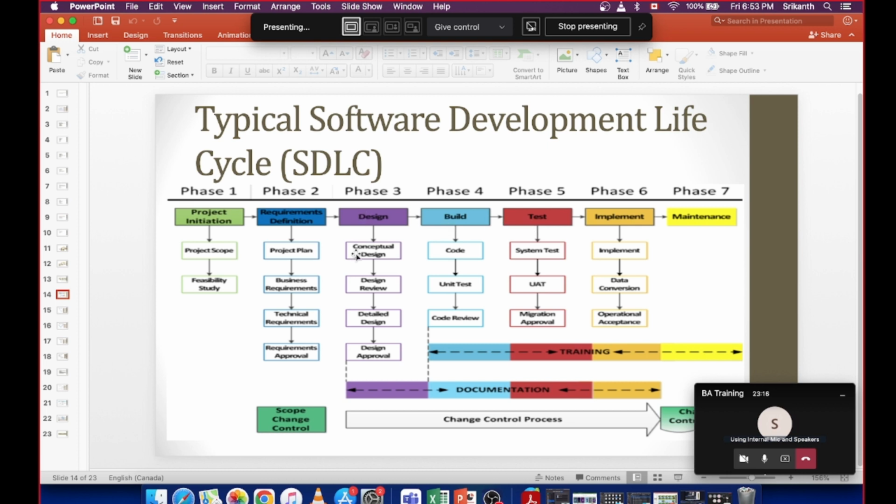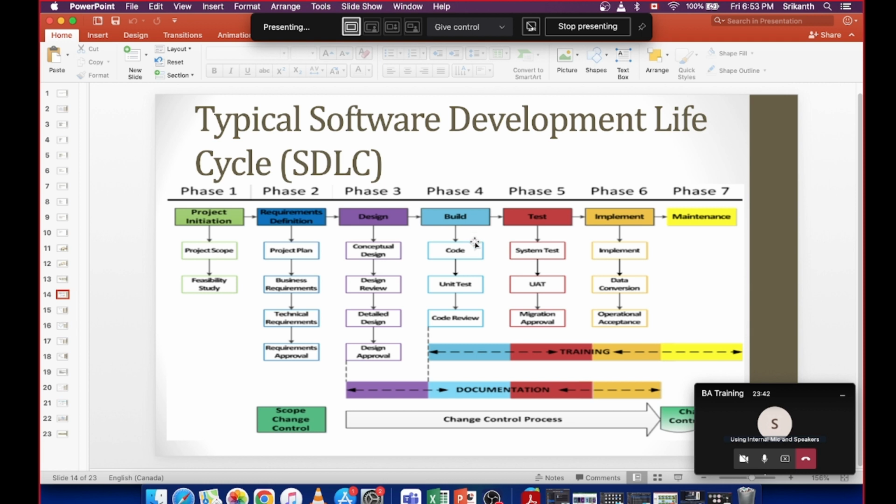So once the requirements are documented, the business analyst will pass on these requirements to the testing team. Before the build phase or the development phase begins, the testing team will follow these requirements and write their test design, define the scenarios and test cases, and keep it ready with them by the time the build is complete.